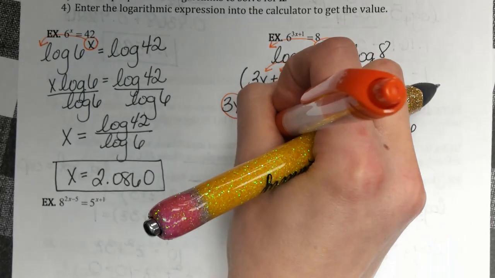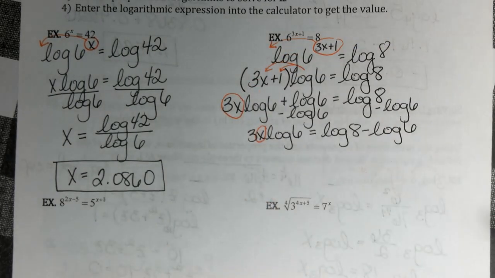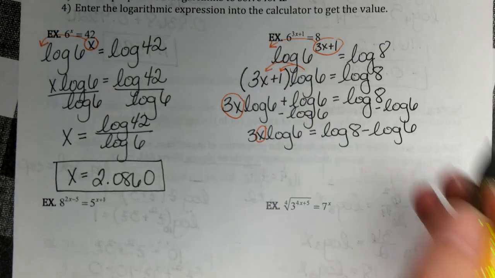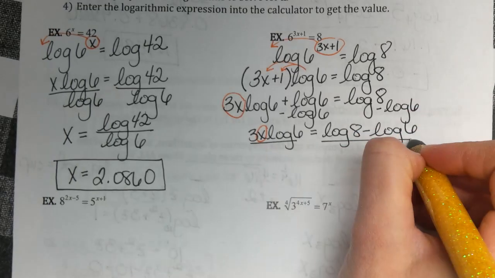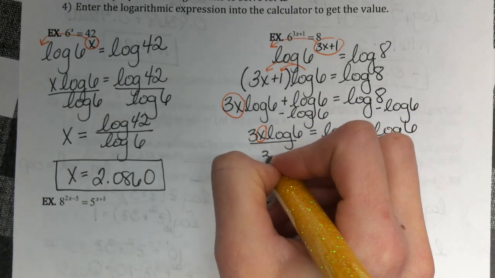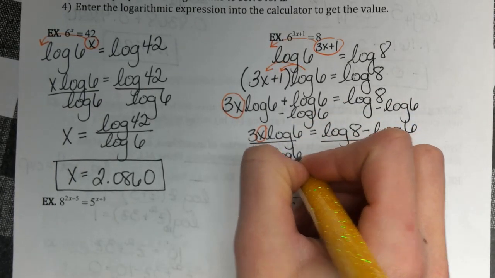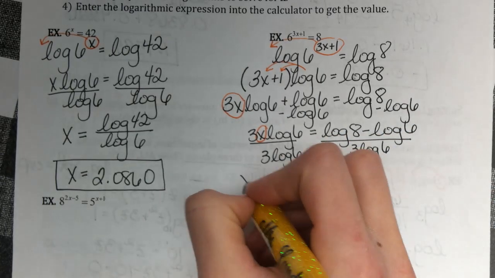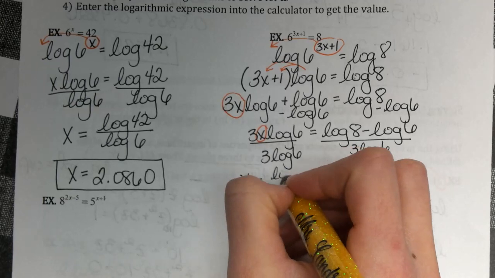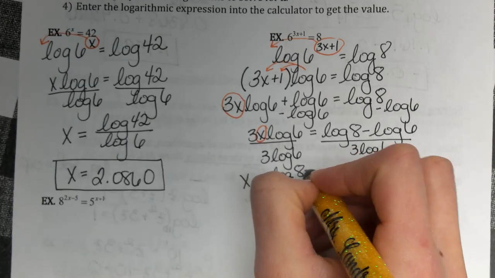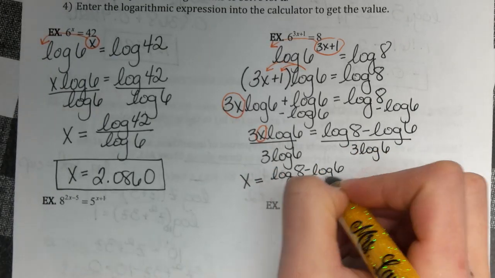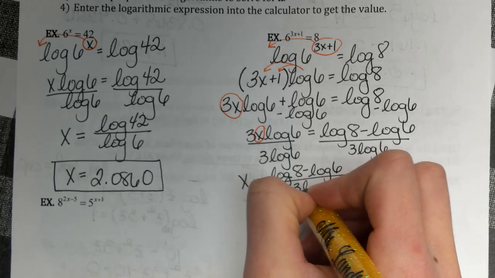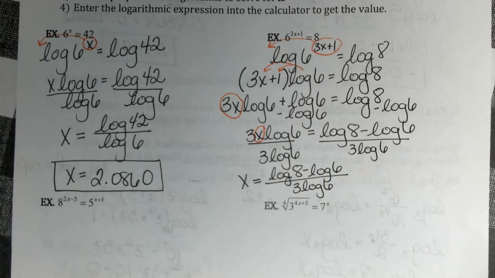Now I need this x. What do I need to do? Divide by 3 log of 6. So x is equal to log of 8 minus log of 6 over 3 log of 6.